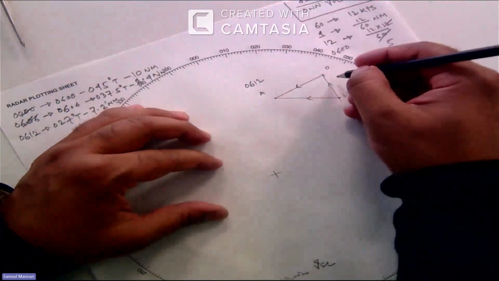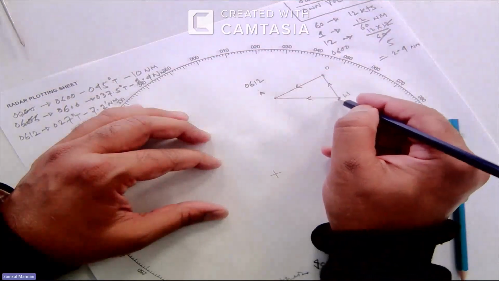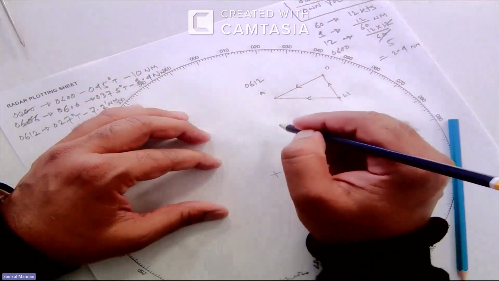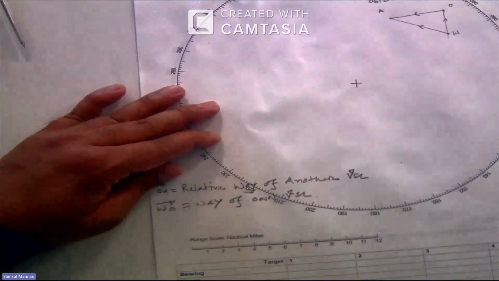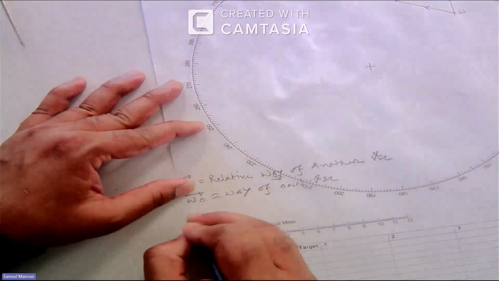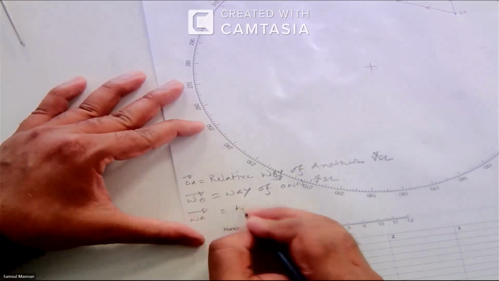The triangle is the OAW triangle. Let us write down the meaning of WA as well. WA is the OA of another vessel.